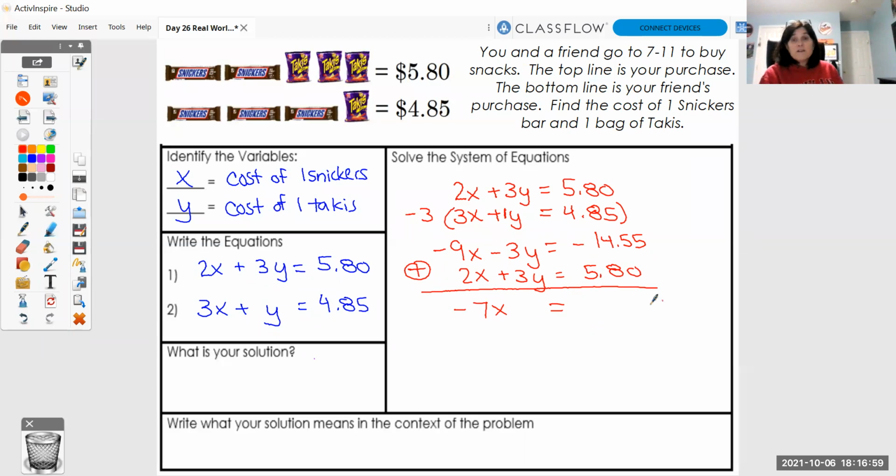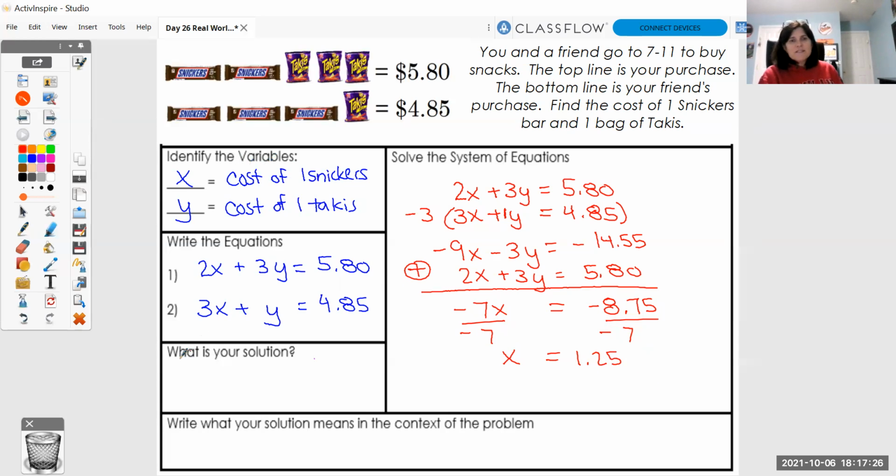I'm going to use my calculator to make sure I don't make a mistake. And I end up with -875. Good. Next step, I need to divide by -7. And so x equals 1.25. What does that mean in the context of the problem?